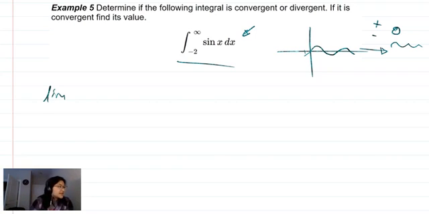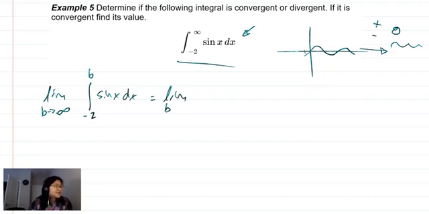So we got the limit as b approaches infinity of the integral from -2 to b of sine of x dx. So then we get the limit as b approaches infinity of negative cosine of x, right? Because the derivative of cosine is negative sine, so the integral of positive sine is negative cosine.